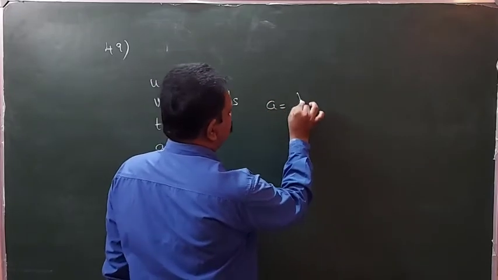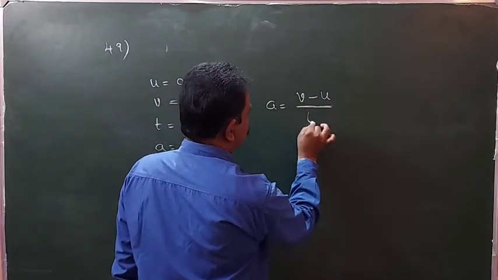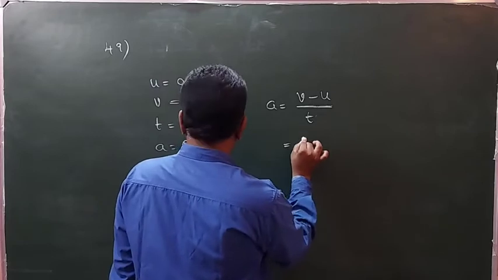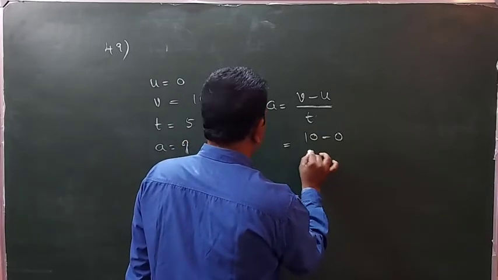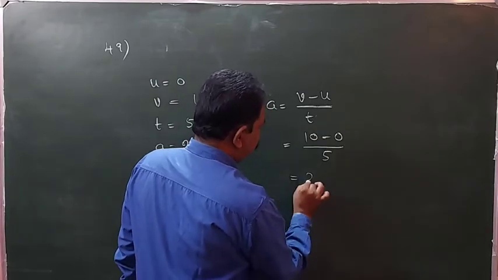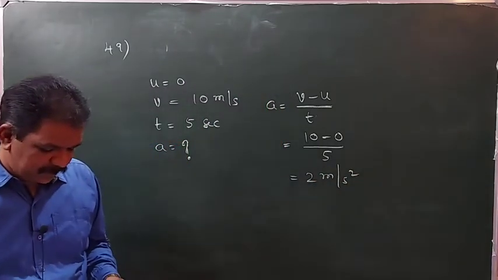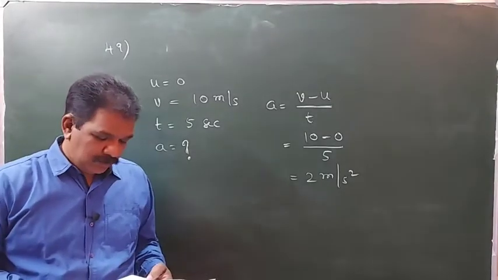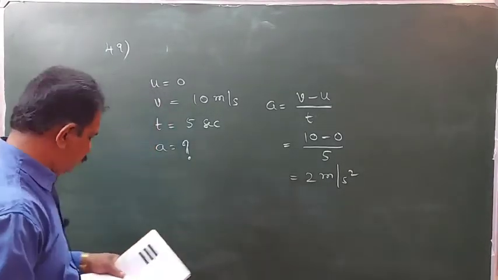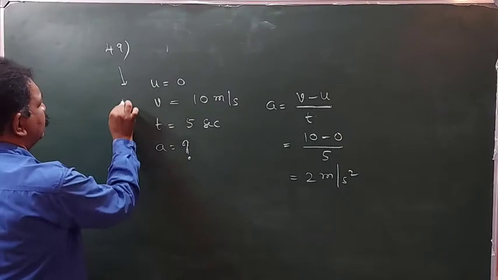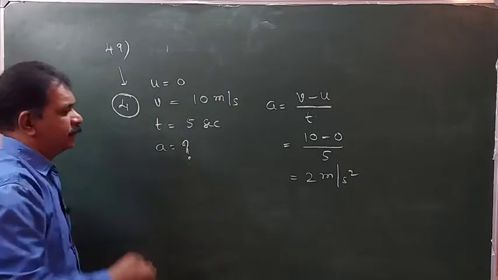A is equal to v minus u by t. So 10 minus 0 by 5. 10 by 5 is 2 meter per second square. So 49 will be the fourth option.